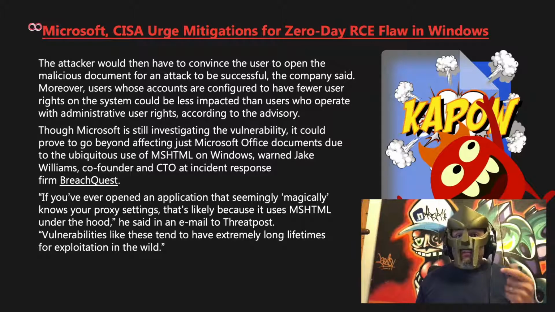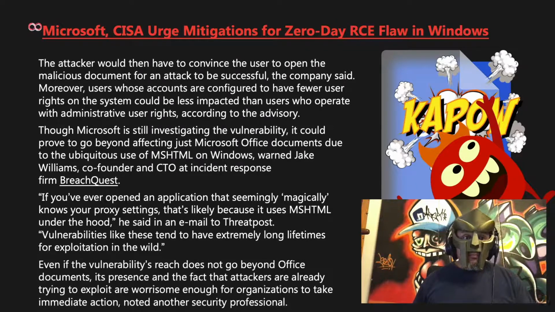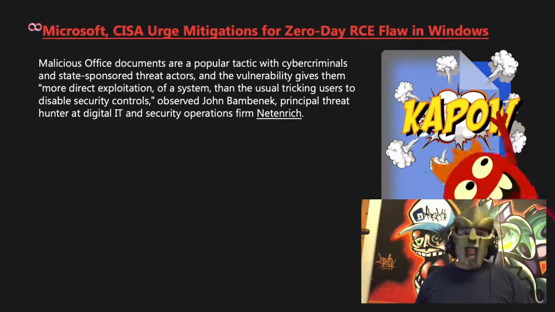Vulnerabilities like these tend to have extremely long lifetimes for exploitation in the wild. Even if the vulnerability's reach does not go beyond Office documents, its presence and the fact that attackers are already trying to exploit it are worrisome enough for organizations to take immediate action, noted another security professional.